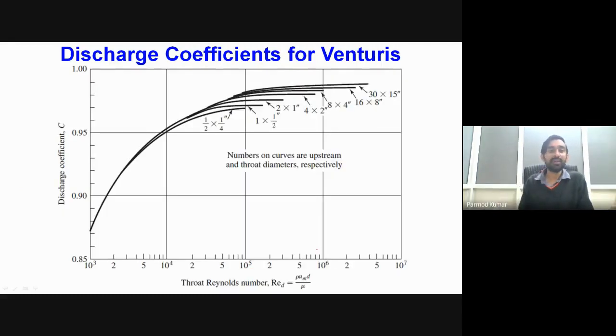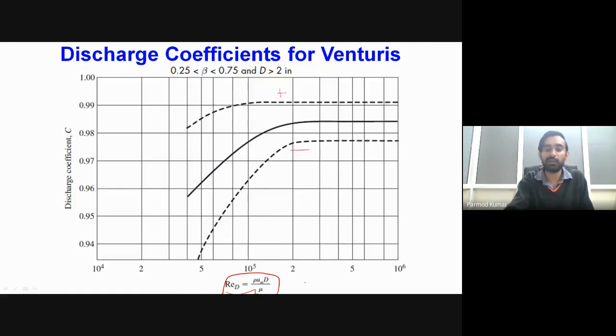Okay. Then if we have to obtain the discharge coefficients for all the pipes for which we are having diameter greater than 2 inch, because the previous graph was applicable only up to 2 inch. So for diameter greater than 2 inch, you can see over here the value of discharge coefficient for different Reynolds number. Now one important point I would like to highlight over here, if you see the previous plot, you can see over here Reynolds number is actually given in terms of the diameter of the upstream pipe.